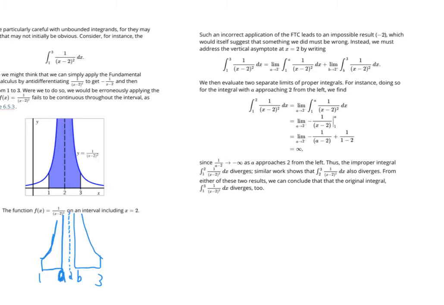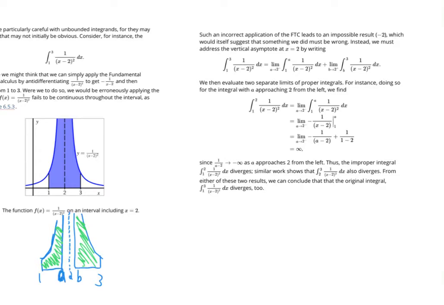So what that looks like is exactly this setup. Integral from 1 to a of our function, integral from b to 3 of our function. We've split it up into 2 completely separate pieces, and we're going to calculate each one separately. And if both of these end up being finite in the limit, then that means this area was in fact finite. But in reality, what's going to happen is there's going to be part of it, one or the other or both, that's going to be infinite.